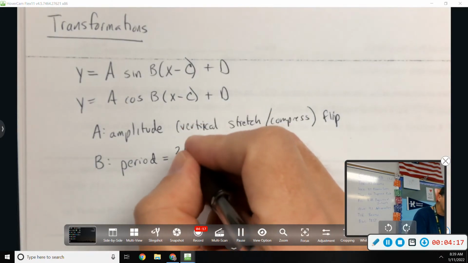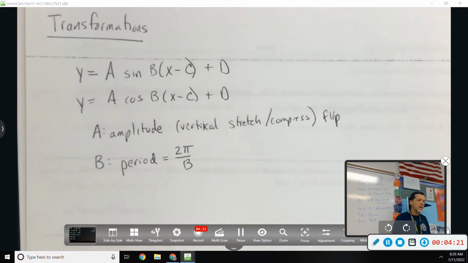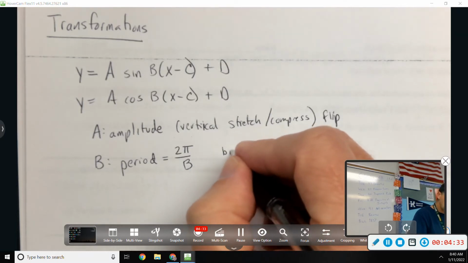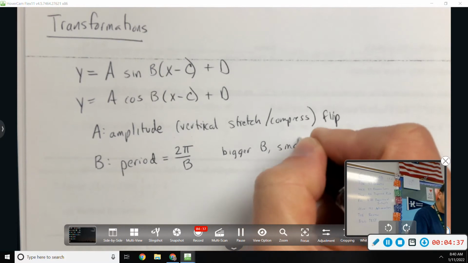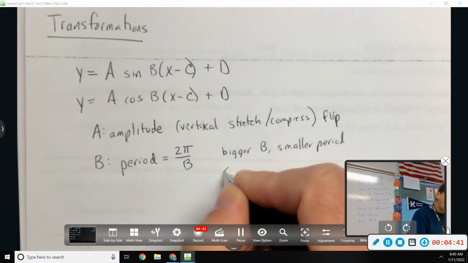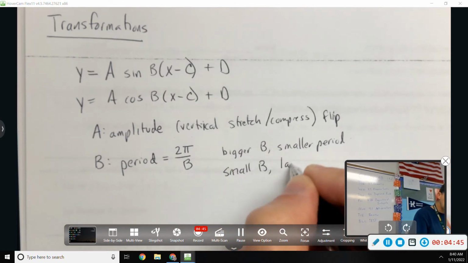Well, the adjusted period, or the new period, is 2 pi over B. So if B is 1, then the period's 2 pi. But if B isn't 1, then the period's not 2 pi. And a bigger B means a smaller period. And small B means a larger period.